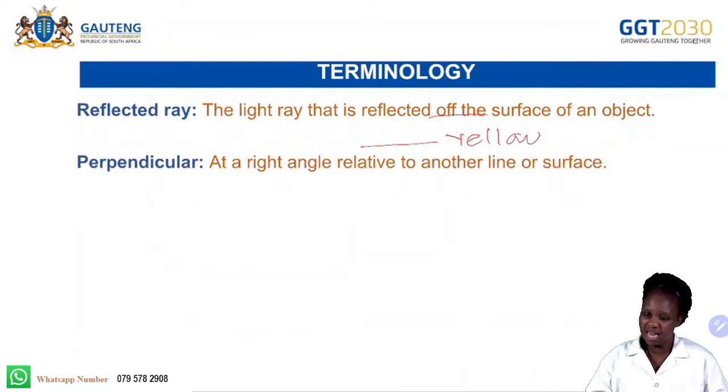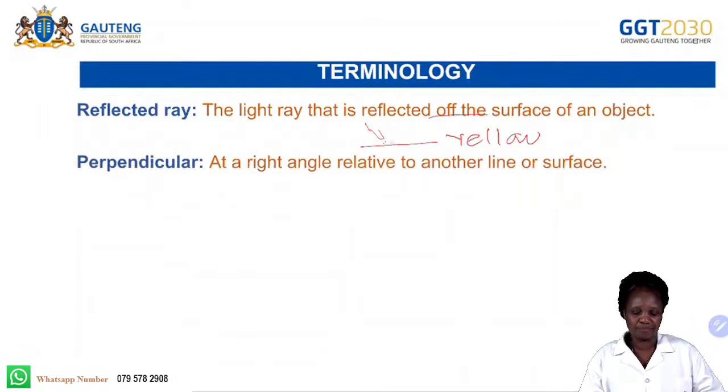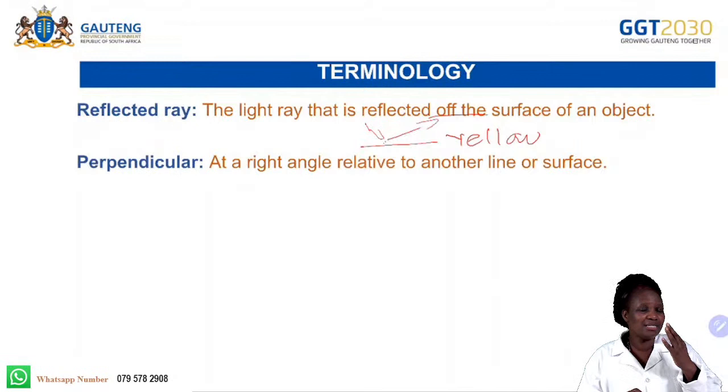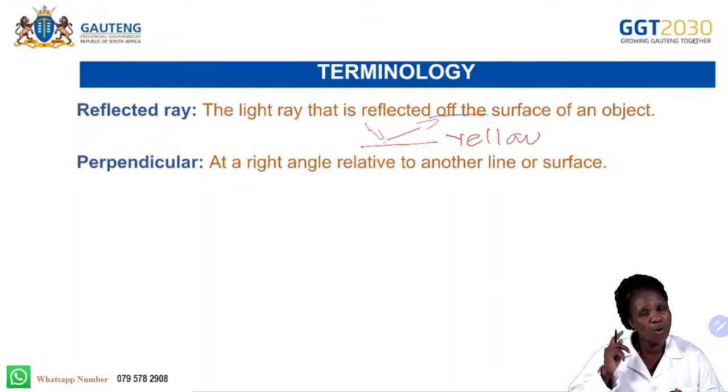And then the colors of the visible spectrum, these are the rainbow colors, strike the yellow surface, and then the yellow light is going to be reflected to our eyes. If the yellow light is reflected to our eyes, what are we going to see? Our mind is going to interpret it as color yellow.